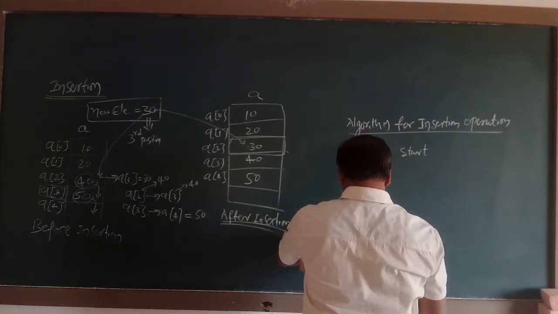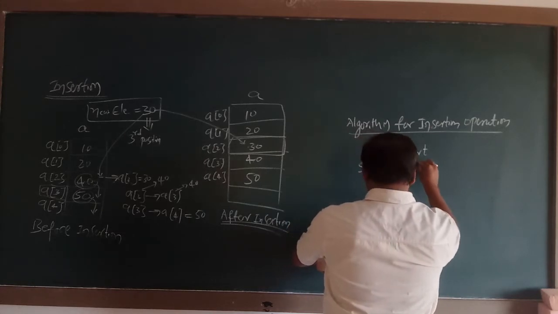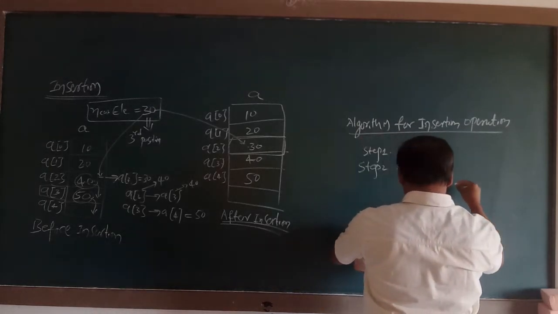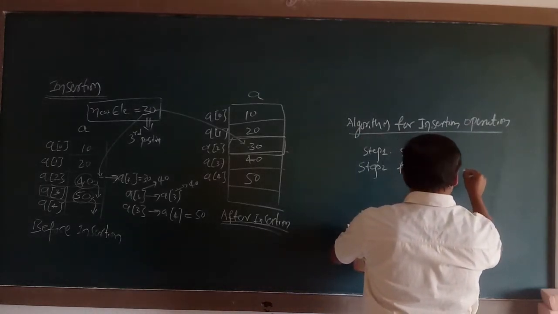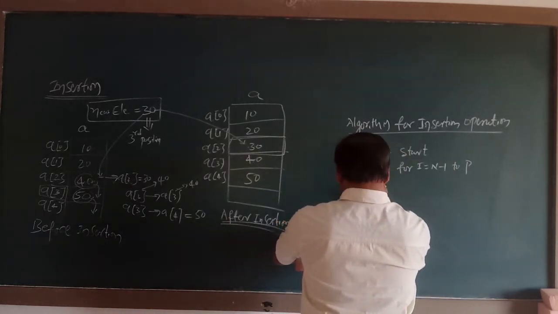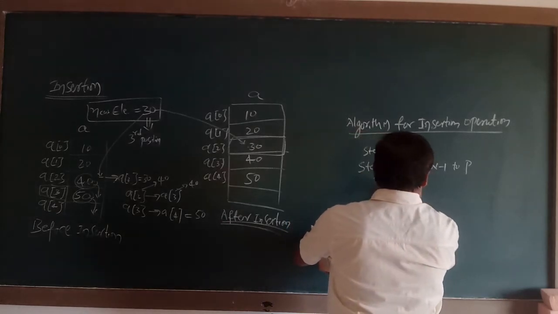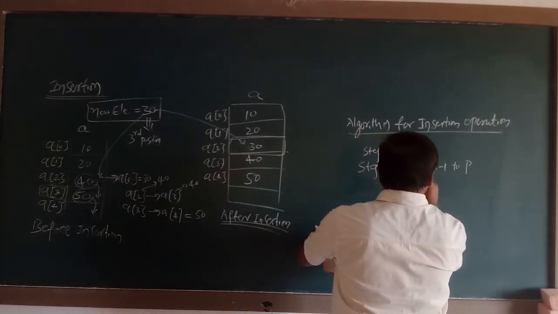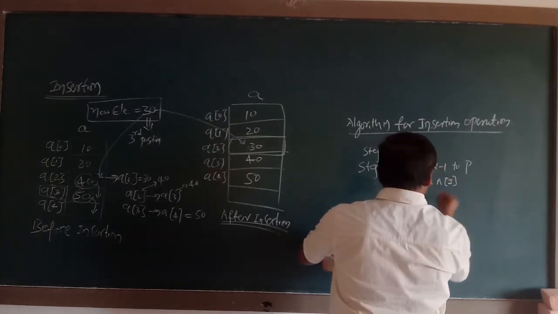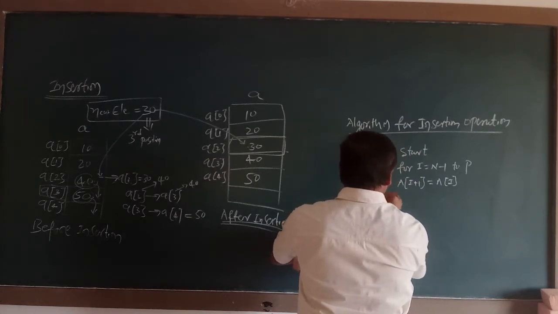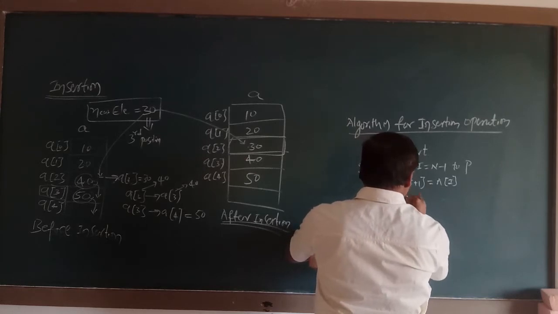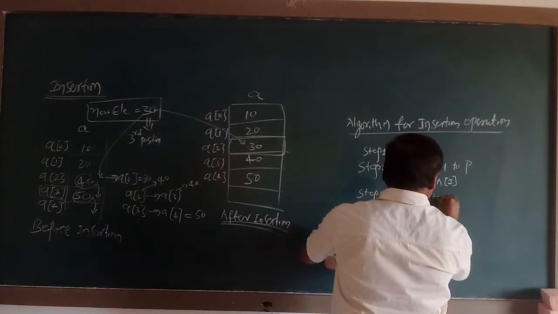Step 2, for I equal to n minus 1 to P, that is A of I plus 1 is equal to A of I. Step 3, A of P is equal to item.